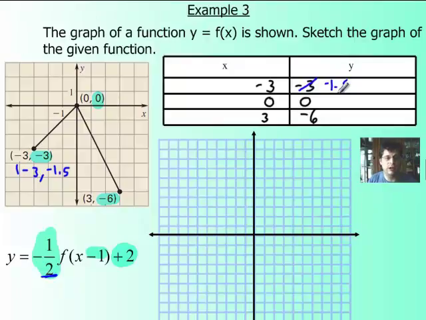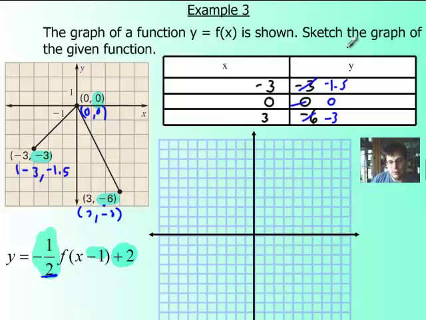I'm just dealing with the vertical compression, not dealing with reflection yet. And then 0. When I multiply this by 1/2, it's still going to be 0. I'm going to cross it out though and write 0 just so I can keep track of where I am. And then this point is going to be 3, and 1/2 of -6 is -3. So over here I'm going to put -3.